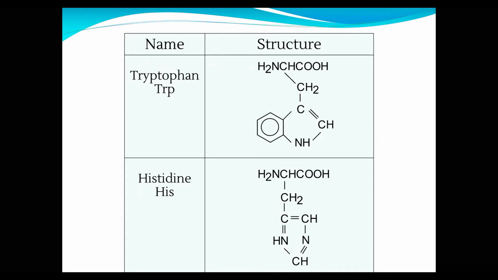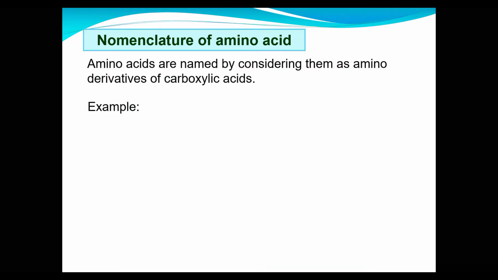Next, we shall proceed with the nomenclature of amino acids. Now, amino acids are named by considering them as amino derivatives of carboxylic acids.